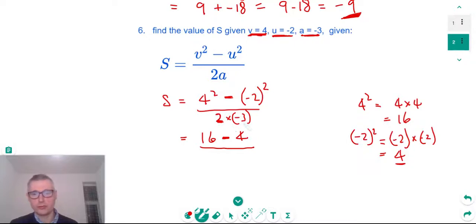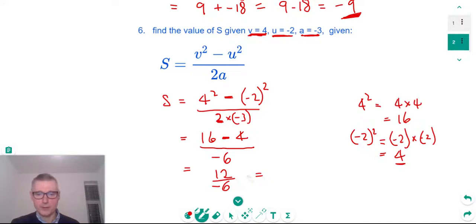So we'll just do 2 times 3, we know is 6. We've got to work out what the sign is going to be. And a positive times a negative will actually give us a negative. So we're getting there, we're simplifying it. So now I'm just going to simplify the top line there. And I can see that 16 take away 4 is 12 divided by -6.